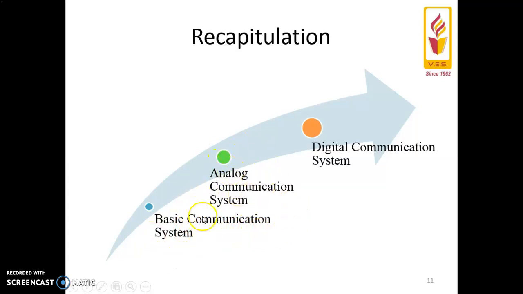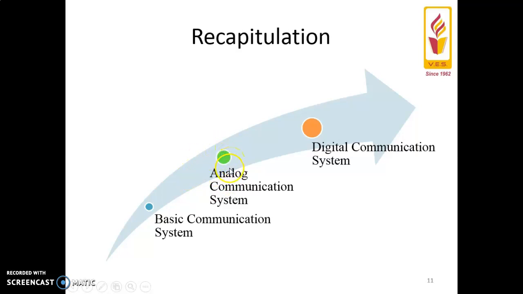Then we classified this basic communication system into analog communication system and digital communication system. You have already learned analog communication system in your previous semester. So here your information is in the form of an analog signal, a continuous time varying signal. Even the carrier is a continuous time varying signal, and even the modulated signal is in the form of a continuous time varying signal. So we cannot use any signal processing technique over here.